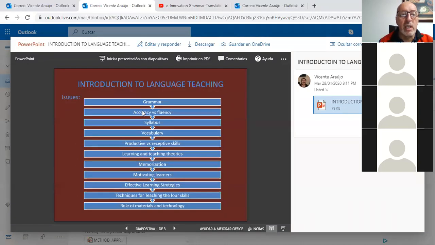Another issue is accuracy versus fluency. Is it important that the students' performance is accurate, no mistakes, no grammar mistakes, perfect English, accuracy, or fluency with mistakes?